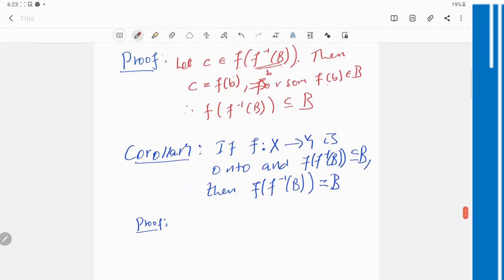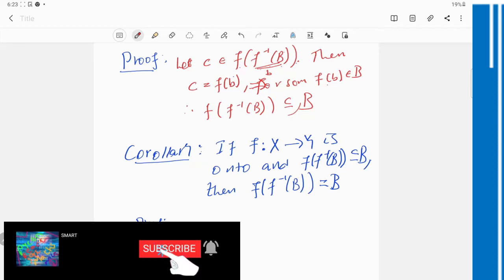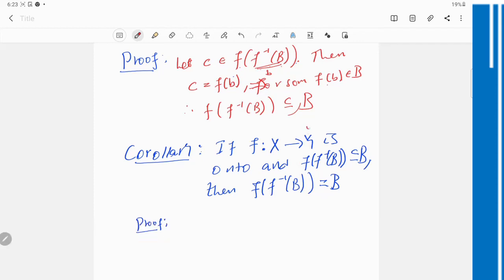So when can this subset be changed to equality? That's the corollary. This subset can be changed to equality if and only if the function is an onto function. Onto means, by definition, any element y in Y has a pre-image x such that f(x) equals y.